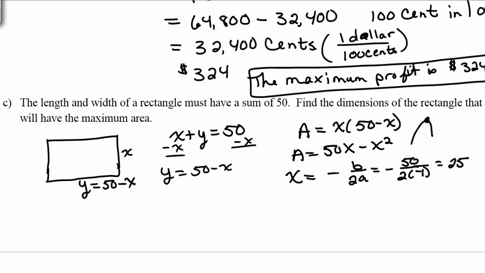And so x is one side of this rectangle, and we know that the sum of the two sides has to give us 50, so you can actually just plug it in right here. Not 50, sorry, 25. That was what we got. And so then you can just replace this x with what it is, which is 25, and so we would get y is also equal to 25.